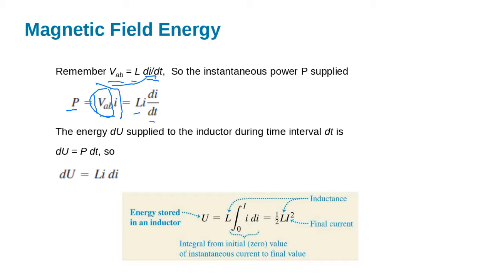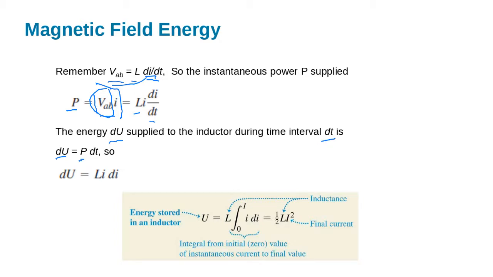So then the energy dU supplied to an inductor during some time interval dt, so over some tiny slice of time that we'll call dt, we've got some tiny piece of energy that's going to be supplied to the inductor. That energy dU will be the power times the time. So the energy is power times time.